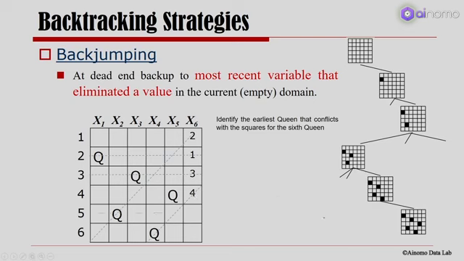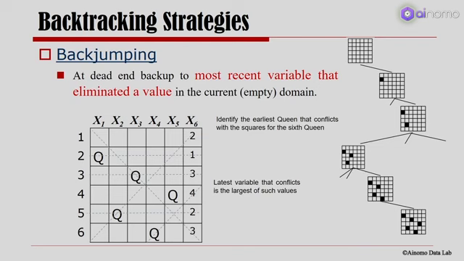Then for the 5th square, I have the 2nd queen, and for the final, I have the 3rd queen. I record all these queens, the earliest of them, and then I take the largest of these values. The largest of these values gives me the latest variable that conflicts, making the current domain empty.